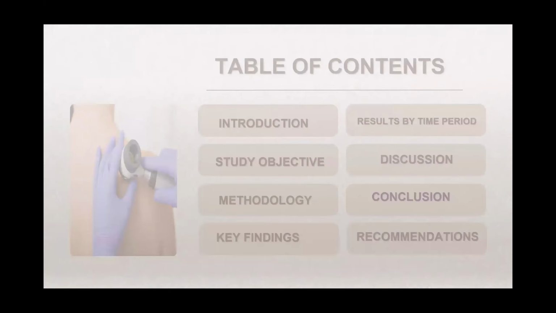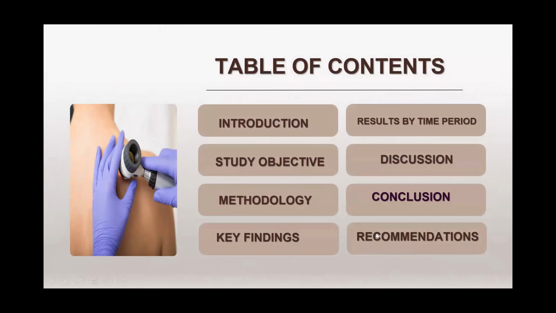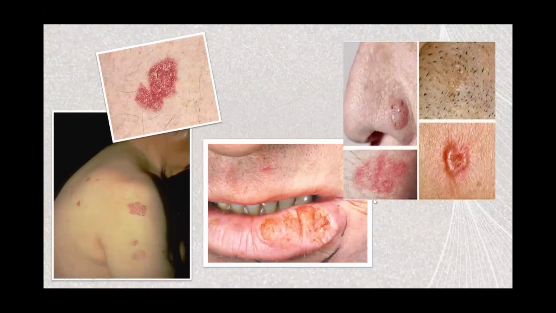Before I begin my presentation, I would like to show you some images, and I'm sorry for their content because they might be a little disturbing. I'm talking about skin cancer. Skin cancer is divided into two groups: non-melanocytic skin cancer and melanocytic skin cancer.